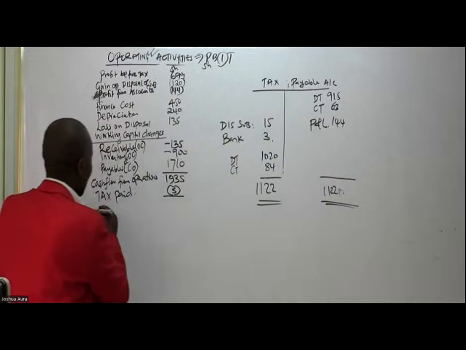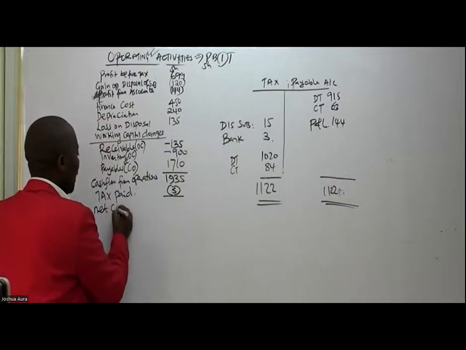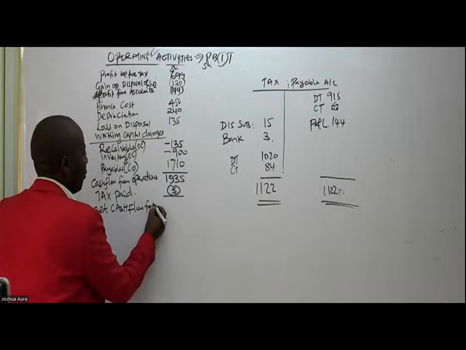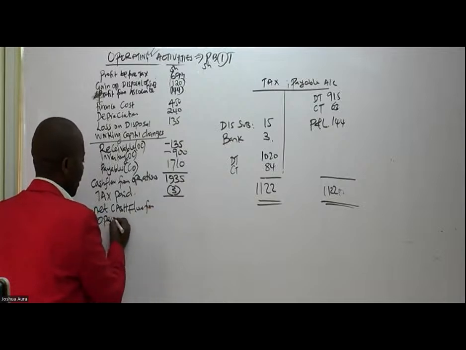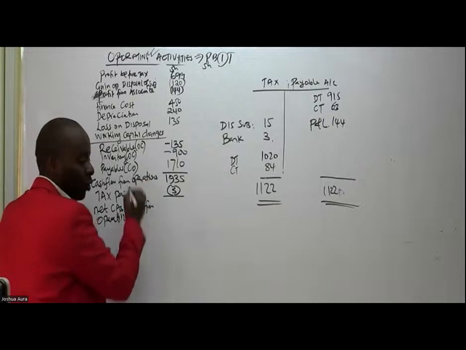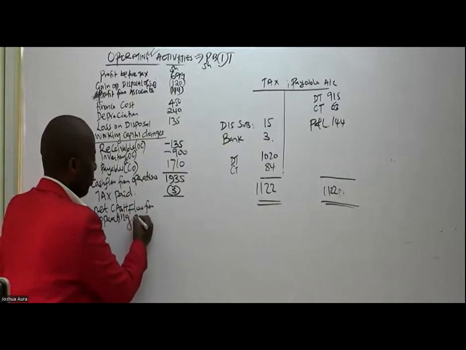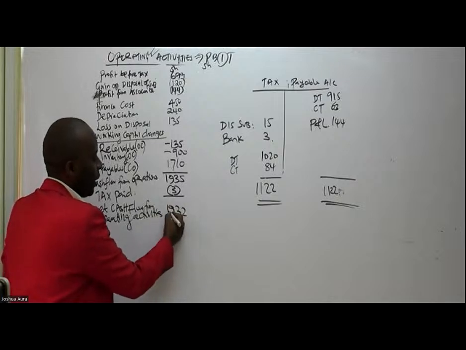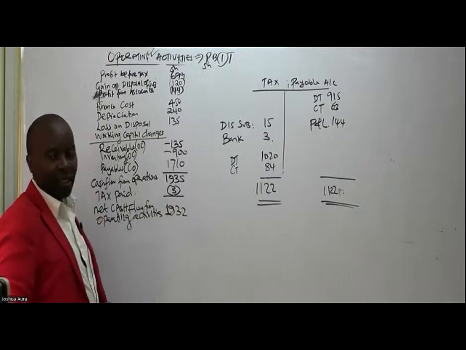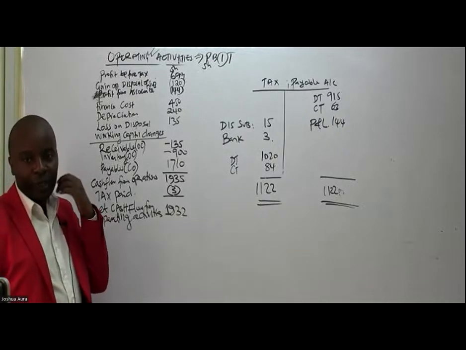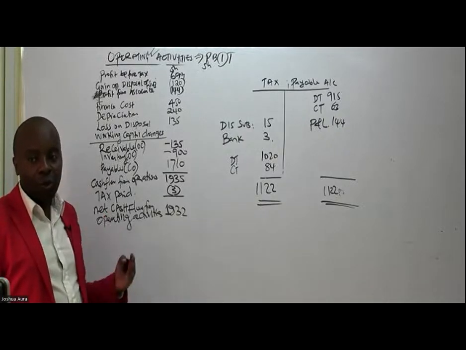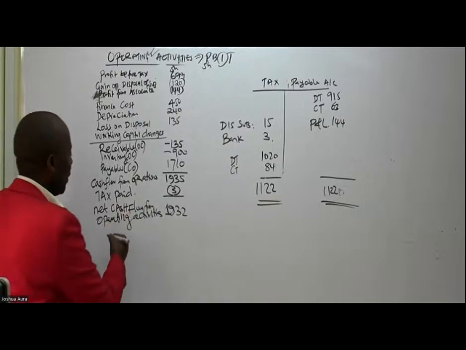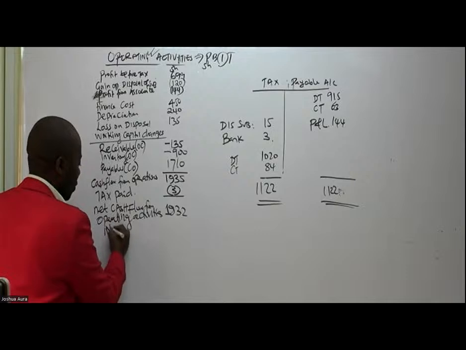Then we get the net cash flow from operating activities, 1932. Now we are through with operating activities. Straight away, we go to investing activities.